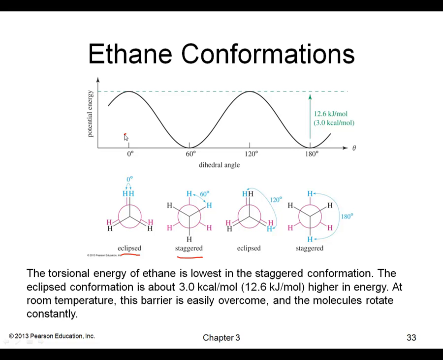So if we start with an eclipsed conformation, it's a high energy, and then go down to a staggered conformation for a low energy, and then we just keep alternating between the two. And we can see the energy between the two conformations is 3 kilocalories per mole. If you look down here at room temperature, this energy barrier is easily overcome, and so at room temperature ethane is rotating very rapidly.